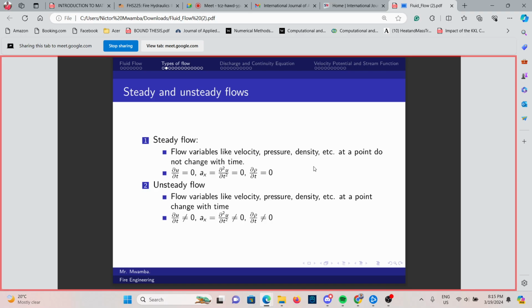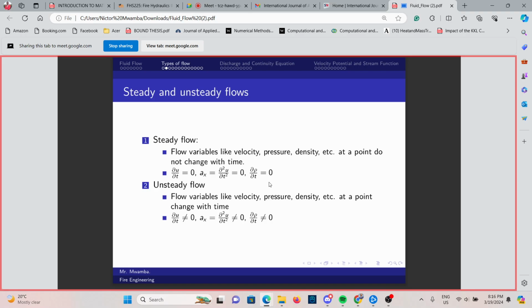The velocity, pressure and density do not change with time. Even the acceleration itself doesn't change. Such a flow is called a steady flow.